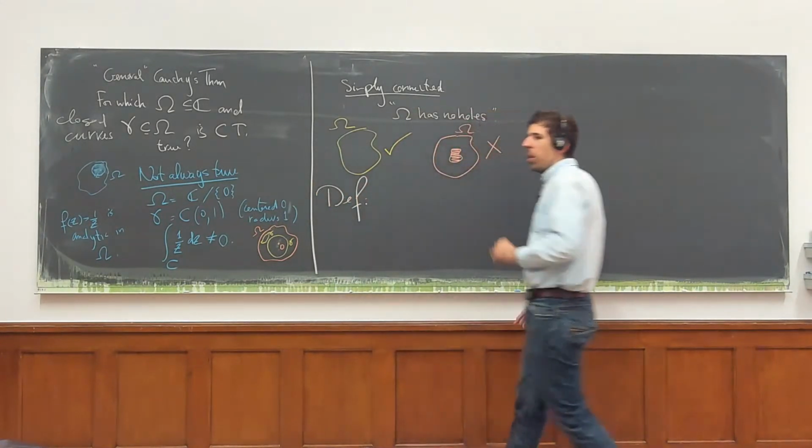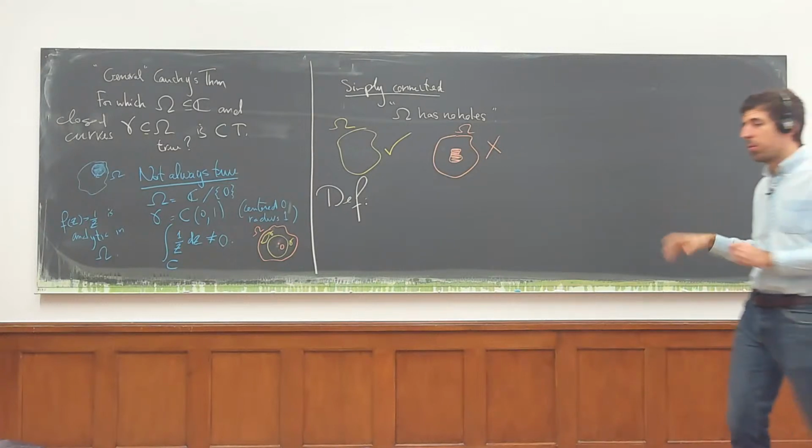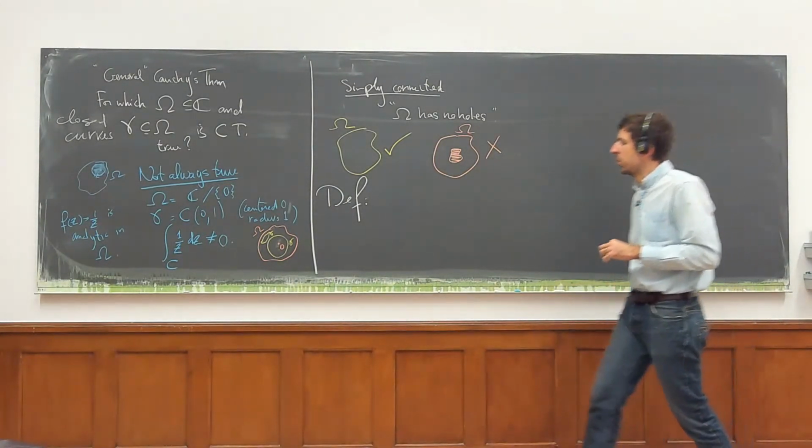Important to note that this is the right definition of simply connected for regions of the complex plane, right? Not if you want to study higher dimension topology of say varieties or something.